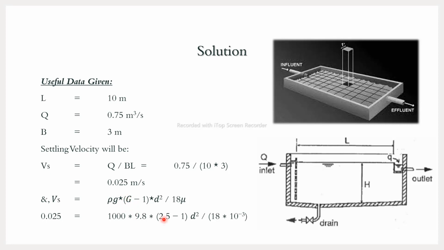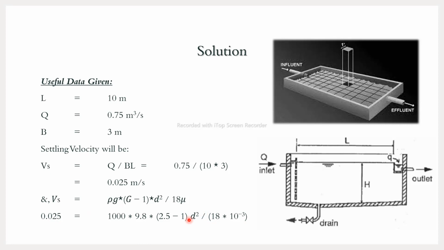G, the specific gravity, is given as 2.5 minus 1. G, the gravitational acceleration, is 9.8. D you have to calculate, whole divided by 18 into mu. Mu is nothing but your viscosity, Newton meter per second something. All are in SI units.